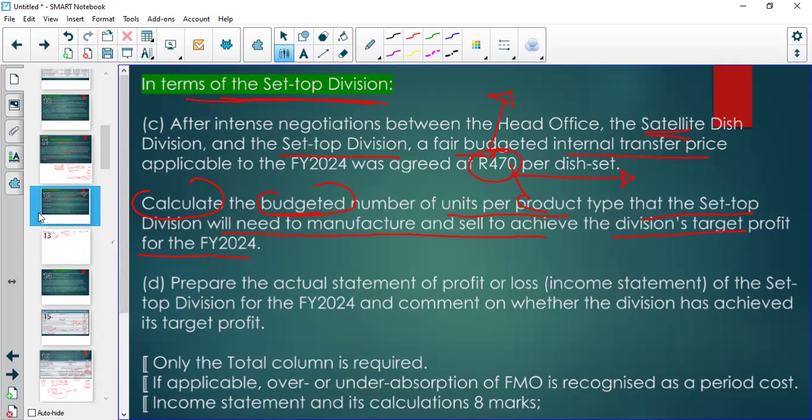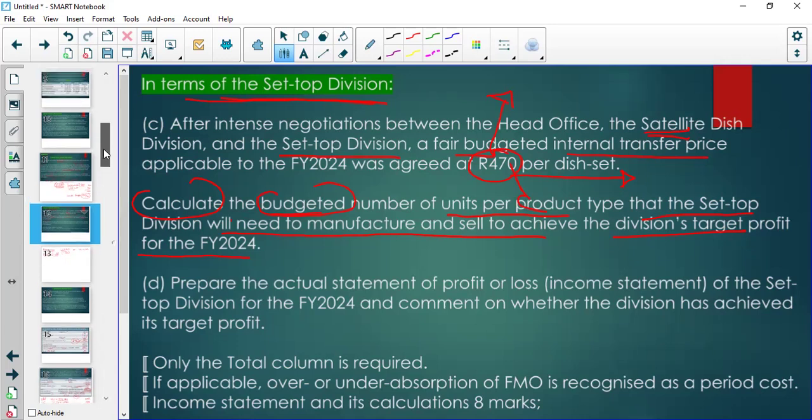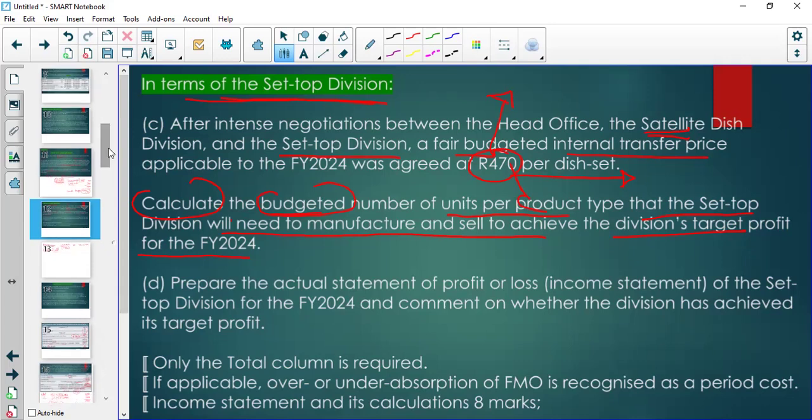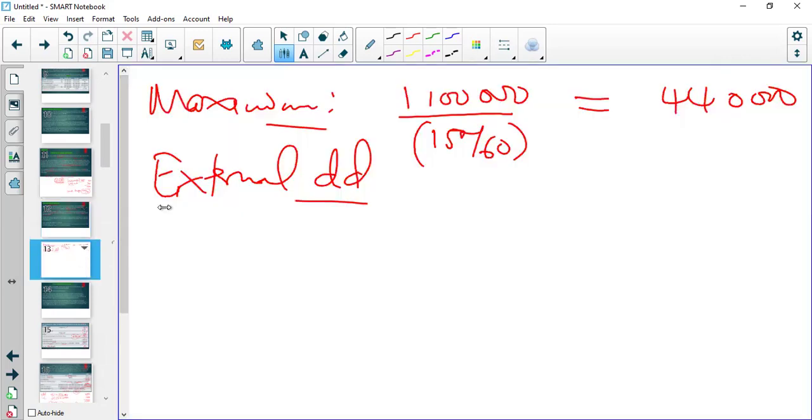You need, because there are two units, two products that we're looking at, the first thing that you need to determine is the total fixed costs. You will need the total fixed cost plus the target profit.